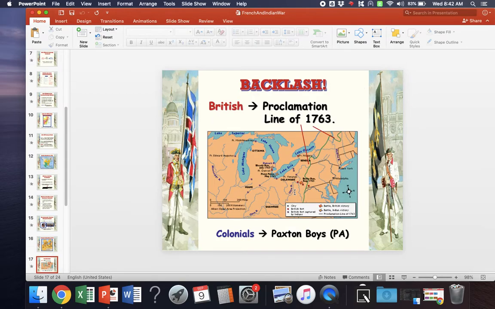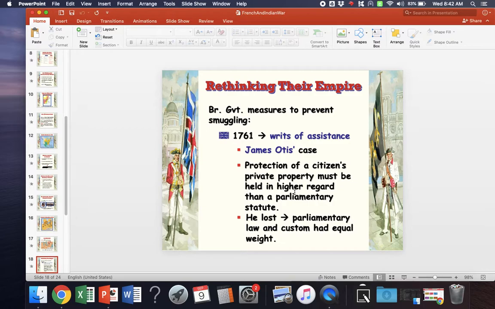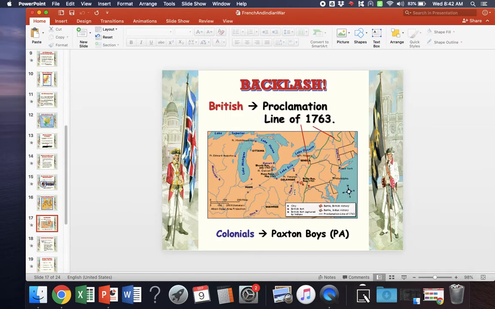And the backlash will be one of the most important things that come out of this, the Proclamation Line of 1763. And again, I'm going to go back in our notes and draw more attention to this. Rethinking their empire, and this again is where we stop. Okay, that's where we stop. All right, so let me go back here. Proclamation Line of 1763. So that's where we stop.